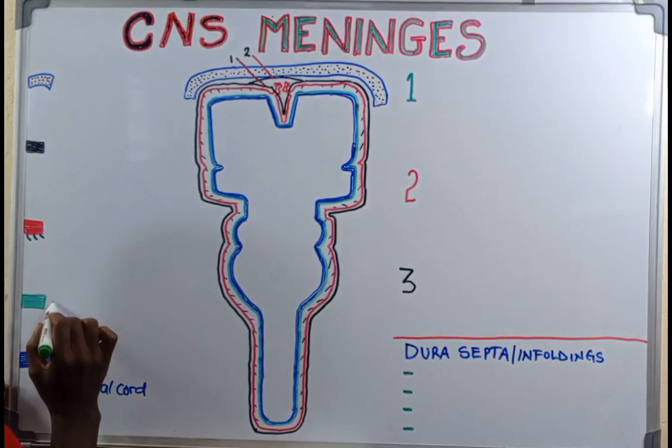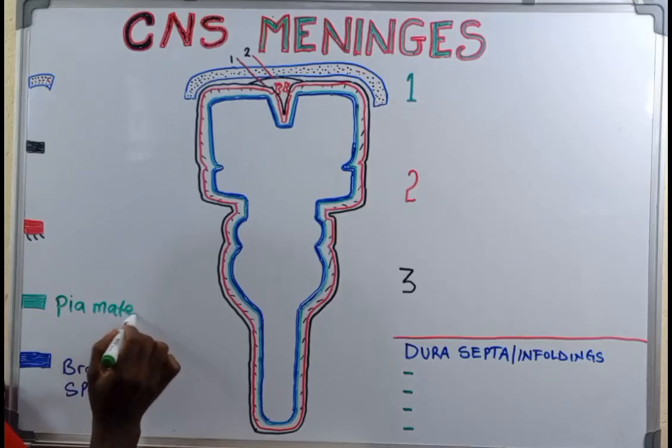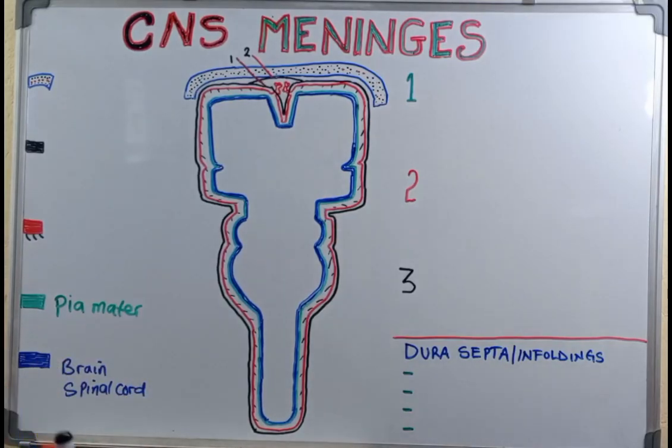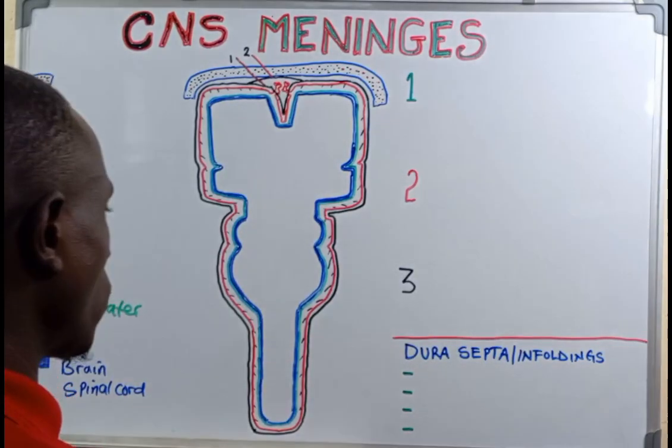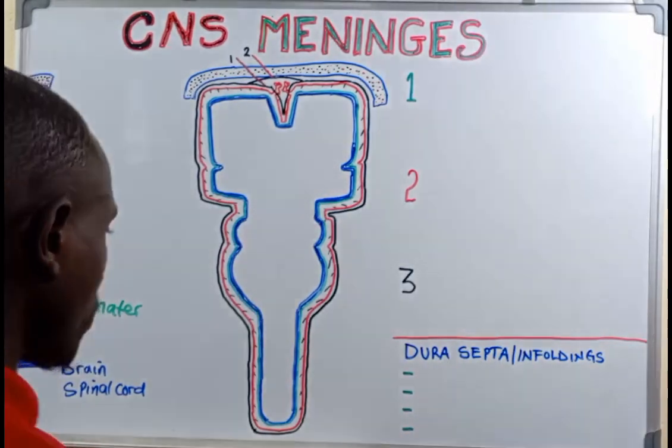That's our first innermost meningeal layer, which is adherent to the brain and the spinal cord.